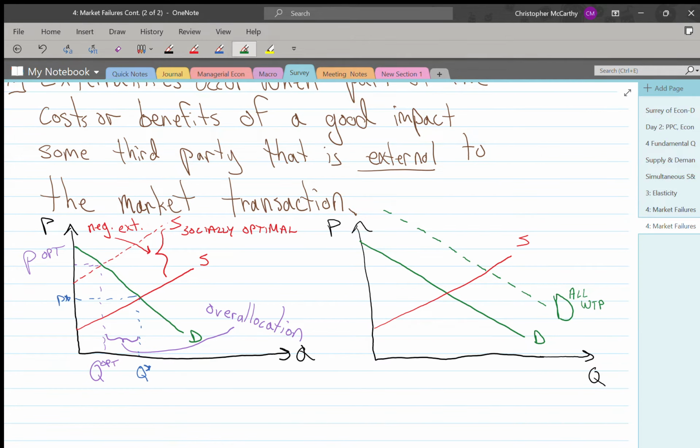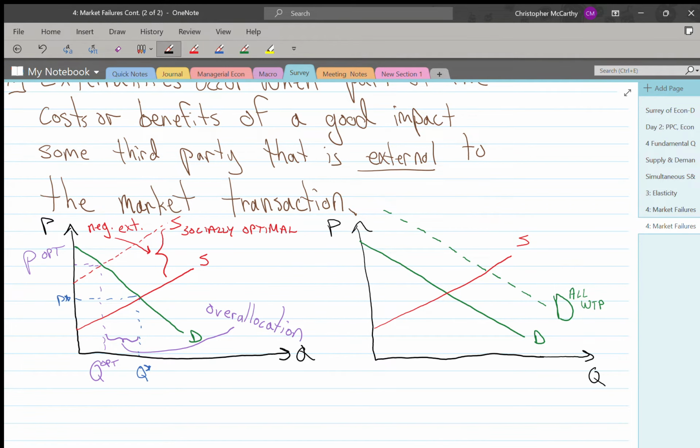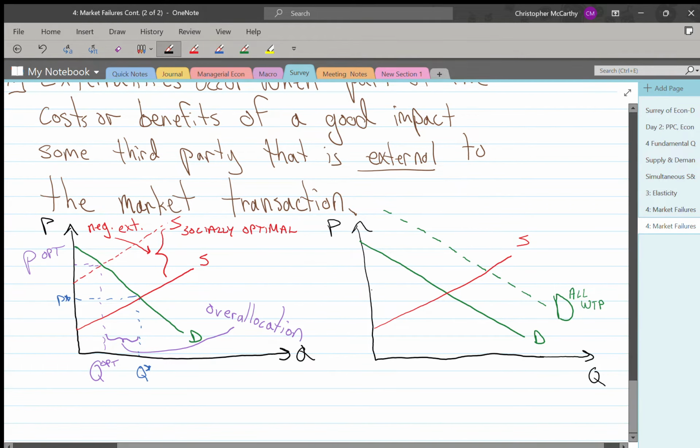Since these are individual transactions that are happening, the individual person is just on the demand curve themselves, because that's their individual willingness to pay.